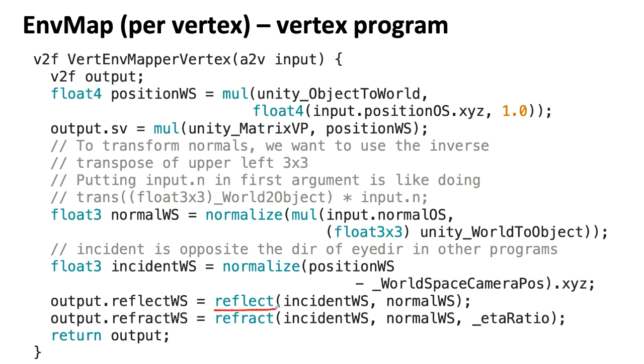And then we use the reflect and refract commands to find the reflected and refracted vectors in world space coordinates. So we compute these reflected and refracted vectors per vertex, and then the GPU hardware is going to interpolate these vectors when deciding what to pass off to the various bits of hardware that are running the pixel shader code.